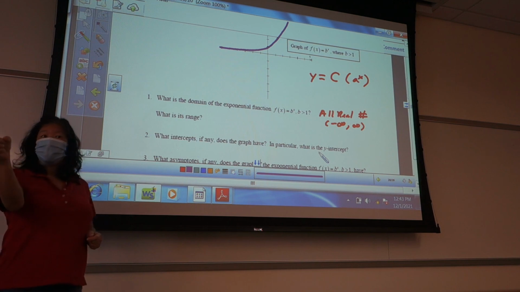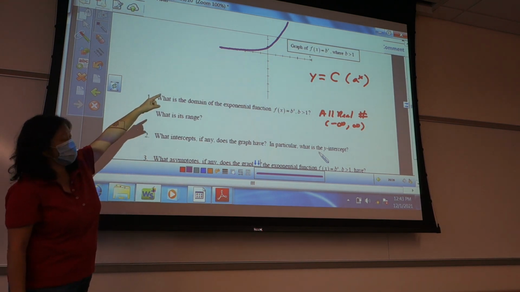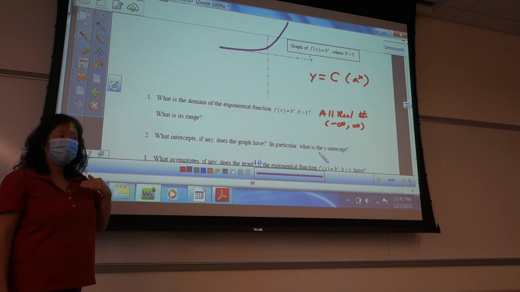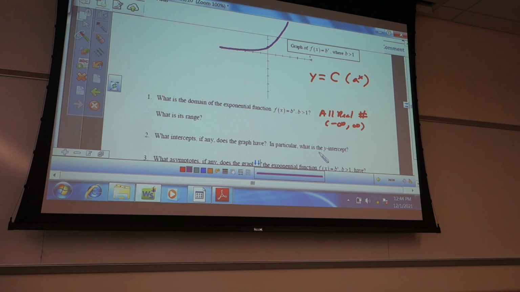It goes down so it's really close to 0 but doesn't equal 0. Can you see it from the picture? So 0 but does not equal 0, so it's going to be a rounded bracket there. What's the highest it goes? Positive infinity, and we can never touch infinity, so that will also be a rounded bracket.